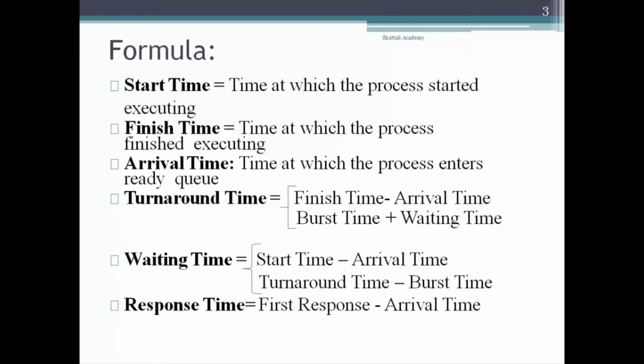So if we subtract the burst time, which is the time being utilized by the process, from the total time taken, that gives us the waiting time. That is why waiting time is turnaround time minus burst time. Now response time is first response minus arrival time, that is, the first time the process hits the CPU.